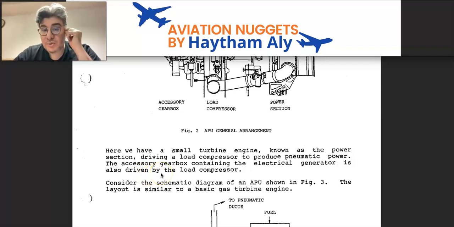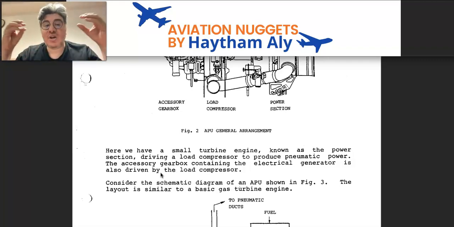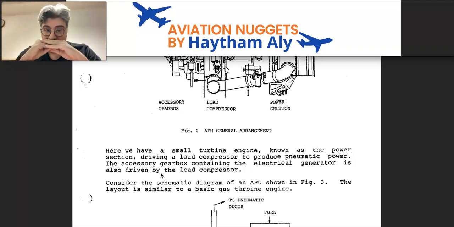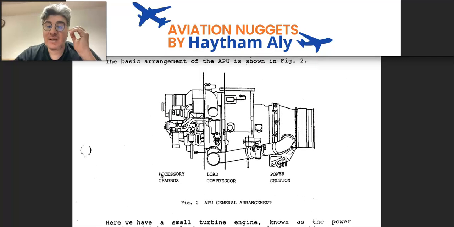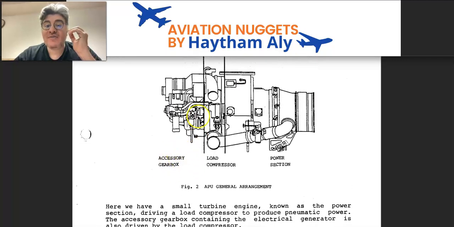Probably the APU will be single shaft, axial flow, and fixed speed. The APU will rotate at a fixed speed, so on the gearbox we only have a generator, not an IDG, because the APU rotates at a fixed speed, so we have fixed speed to the generator, everybody.